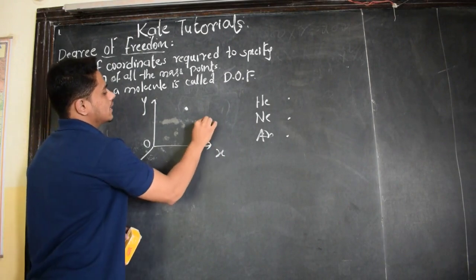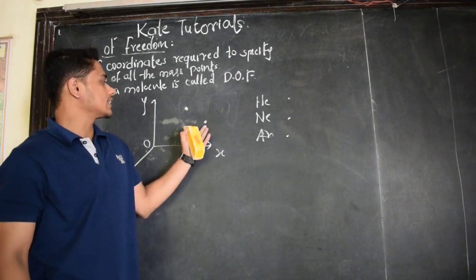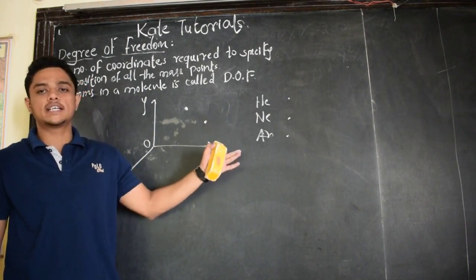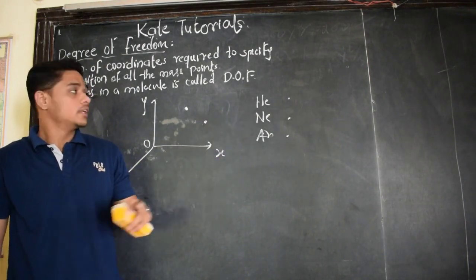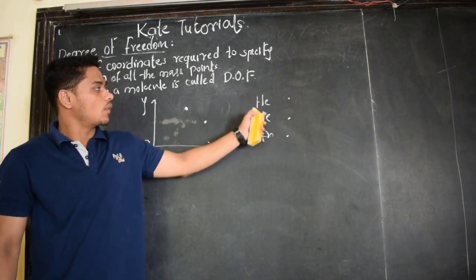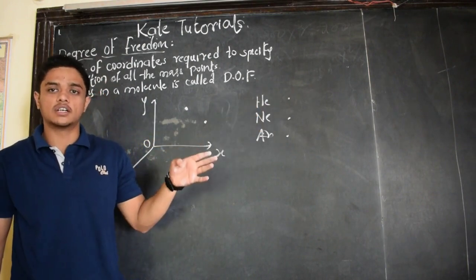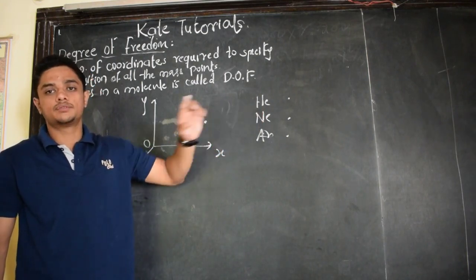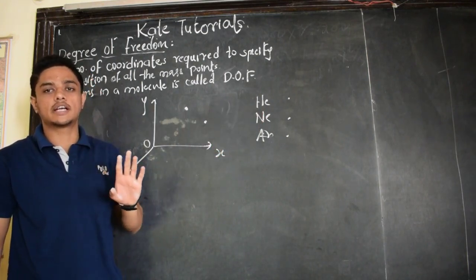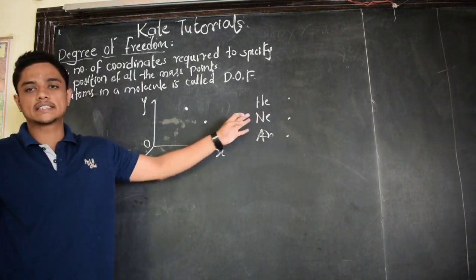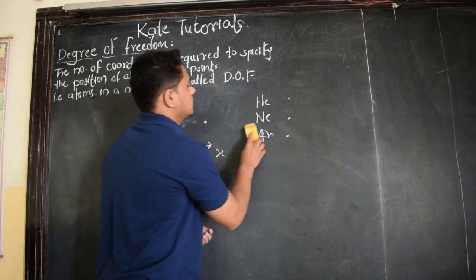If neon is here, it has the coordinates x2, y2, z2. So for one helium atom we have three coordinates x1, y1, z1, so it has 3 degrees of freedom. And all these noble gases have three coordinates.